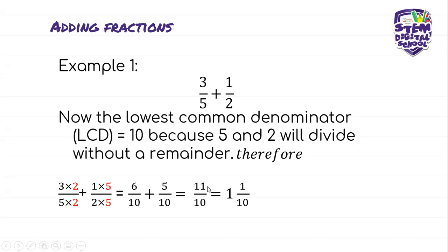Then you can see we have 11 at the top, and the denominator is 10. Remember, we call this a common denominator, or the lowest common denominator. So once you have added your numerators together, you take that LCD, and it becomes your final denominator there.